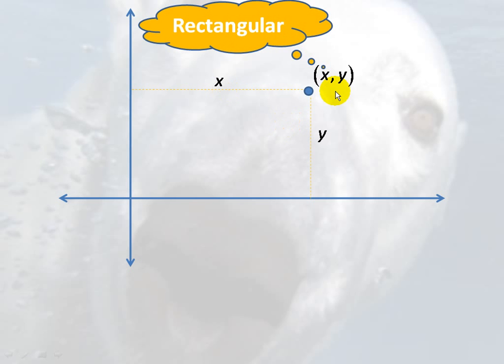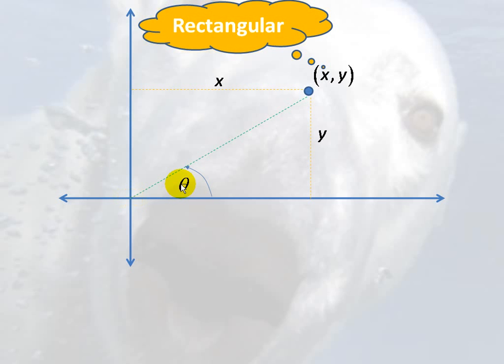But now, let's look at things a little bit differently. Let's suppose that from the origin, I just draw a line segment up to that point. When I do that, an angle is formed here with the x-axis.